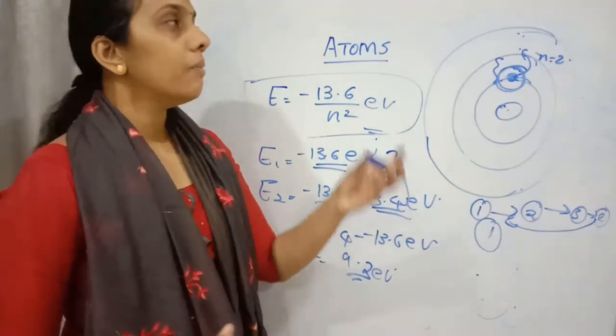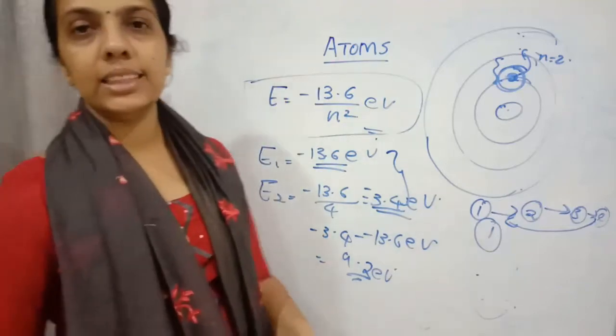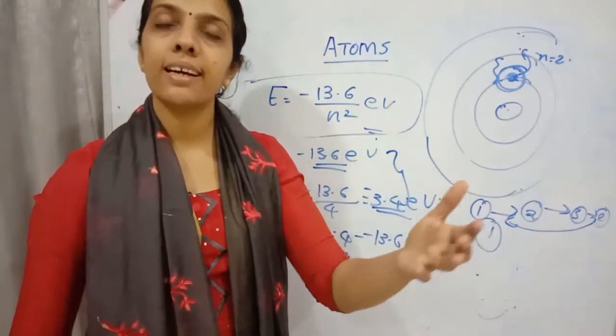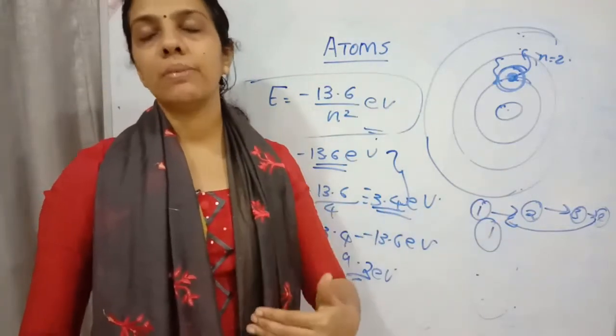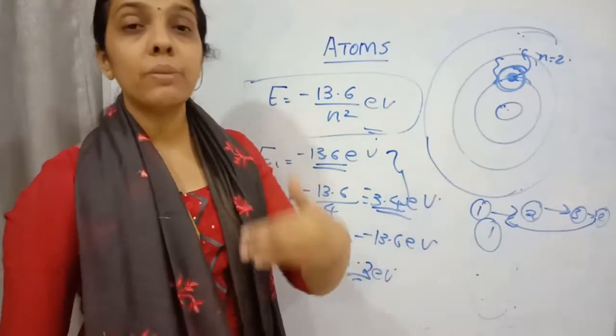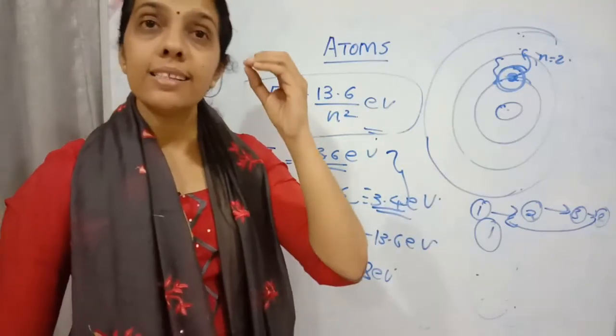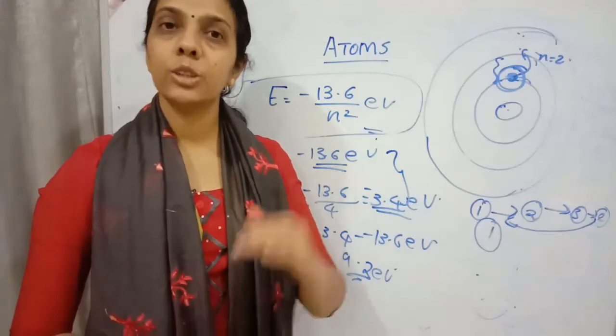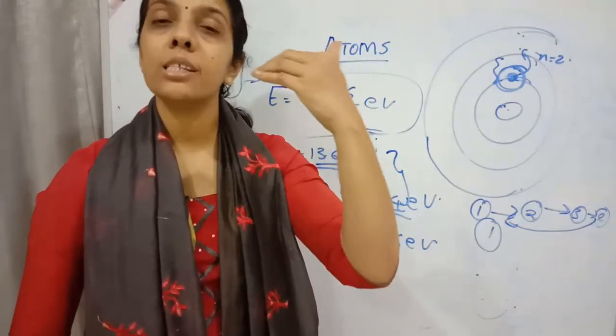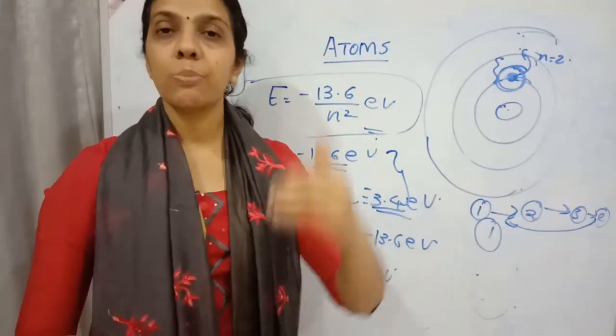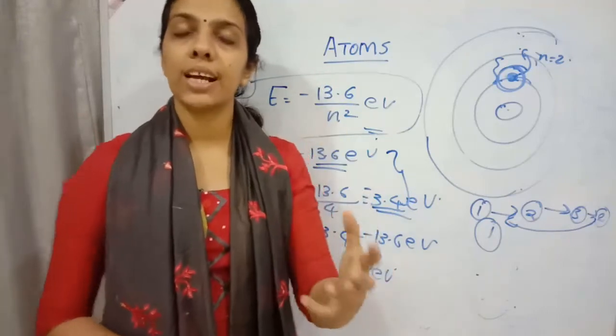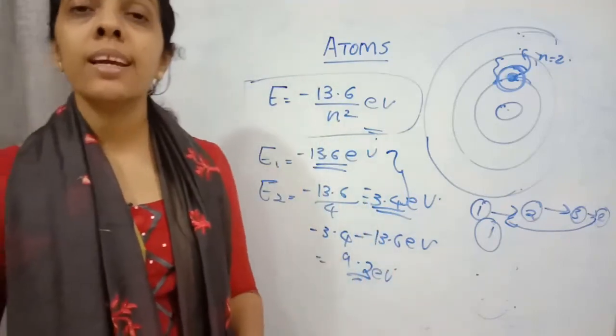So here when it is releasing energy and coming back to the previous orbits, it's releasing energy, we told, right? So we will be getting a line spectrum there. That is why we told the hydrogen atom is having a line spectrum.